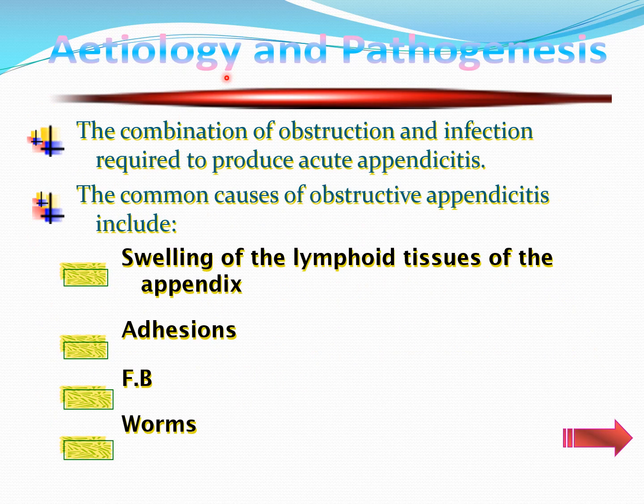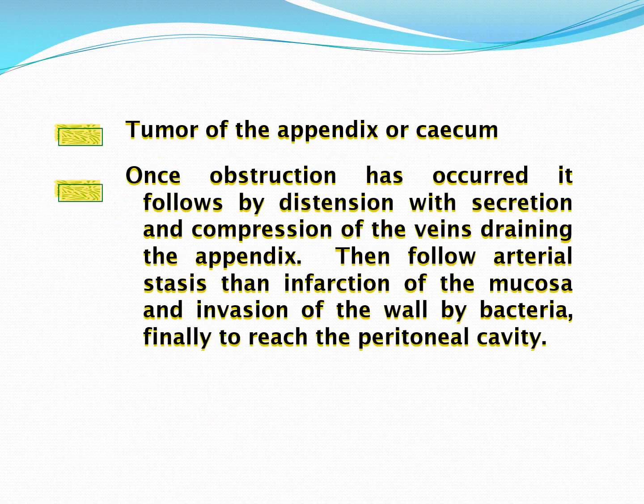So which are the etiology and pathogenesis? The combination of obstruction and infection is required to produce acute appendicitis. The common causes of obstructive appendicitis include swelling of the lymphoid tissue of the appendix, adhesion, foreign body or worms. Tumor of the appendix or the cecum is also one of the indications for appendicectomy.